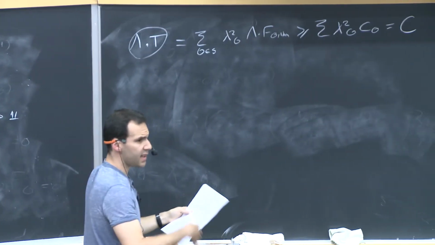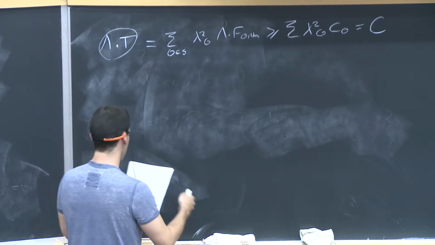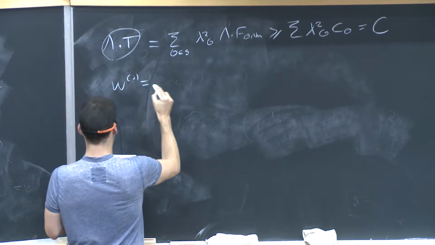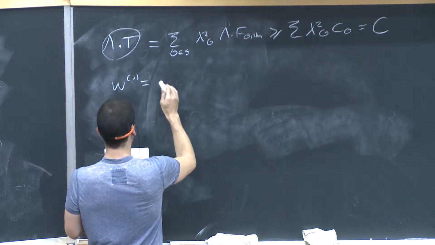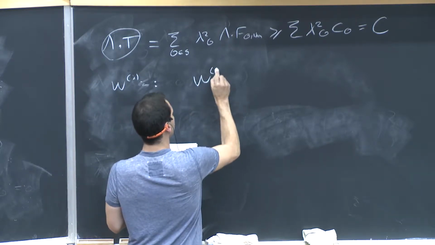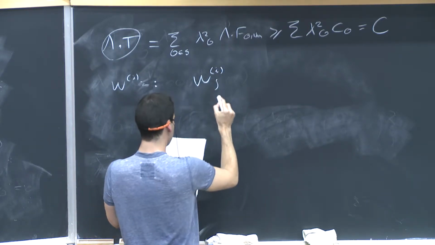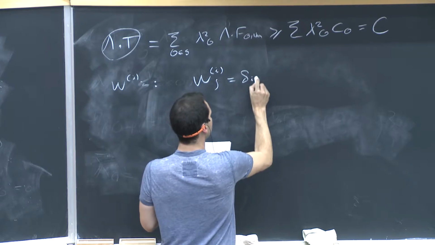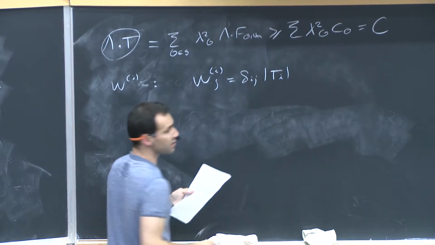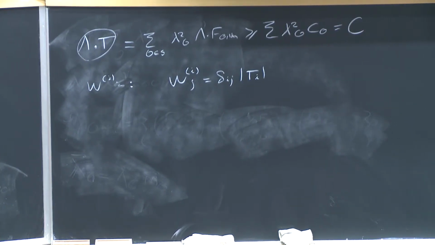Since these are vectors with n components, let me introduce vectors w_i such that the ith vector, its jth component, is delta_ij times the ith component of the target. Okay?